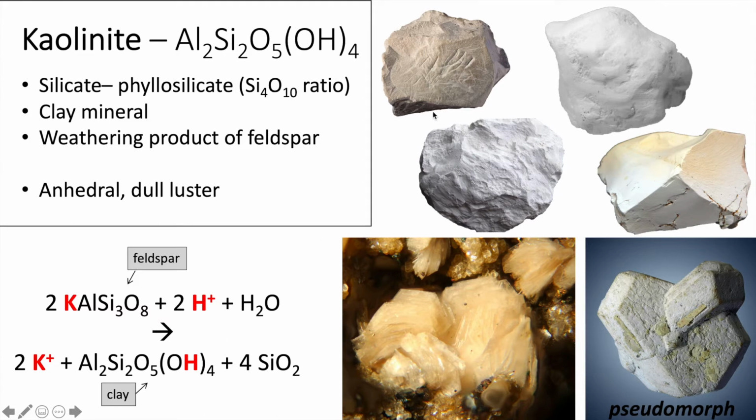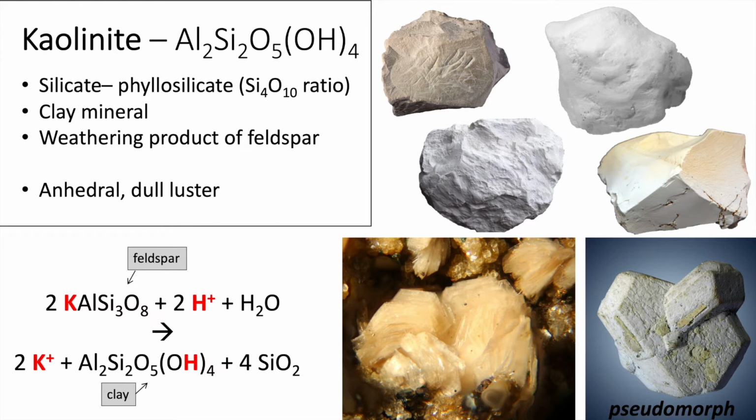So you can see in the pictures in the upper right here, it's a very white, light-colored mineral. You can see just how crumbly it looks. So it has a dull luster. It's going to be anhedral in almost all cases. I'm showing this picture in the lower middle here of a very rare instance of euhedral kaolinite, because this is one of the few instances where you can really convince yourself that indeed kaolinite is a phyllosilicate.